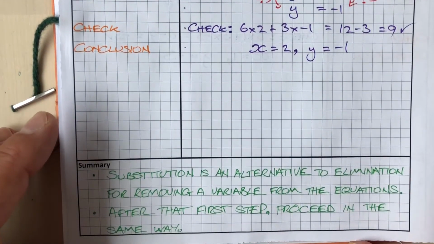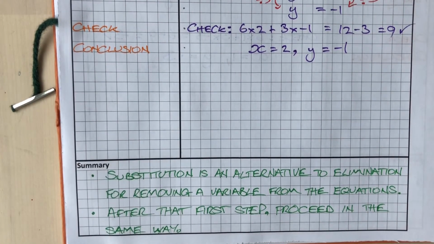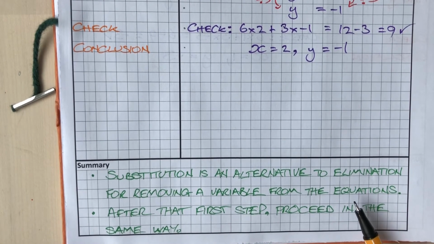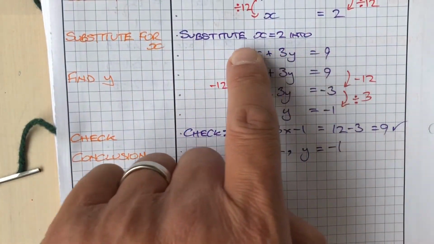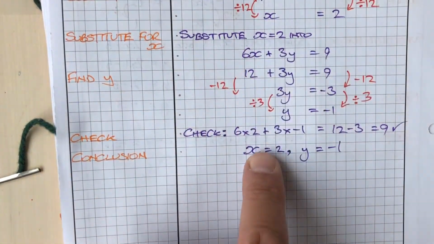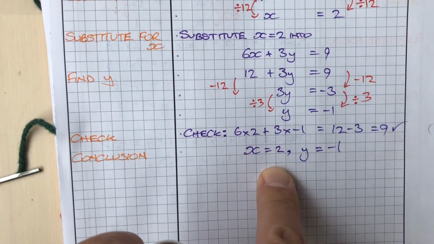Okay, quick summary. We use substitution instead of elimination, and it's just another way of getting a variable, a letter, out of the equation, so we only have the one unknown. After that first step, once we're substituting a number back in, this is the same as we are used to.